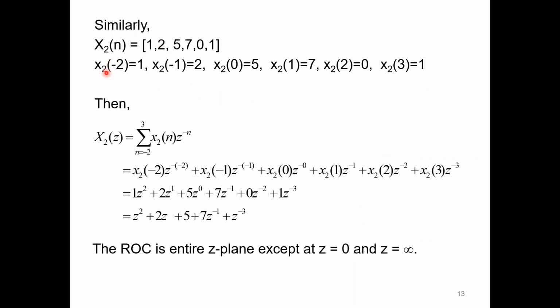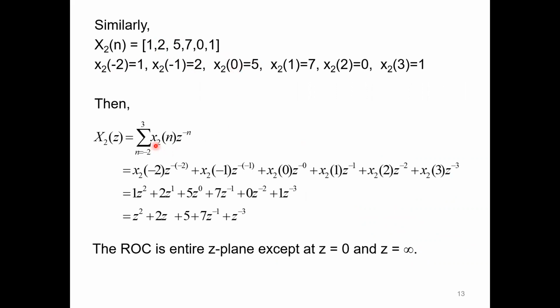Now you see x2 of -2. This is the -2 point, 2 steps to the negative side. This is 0. Is 1, then you have 2, then you have 5. This is the time 0 sample.